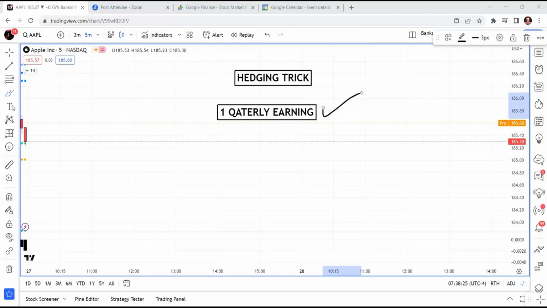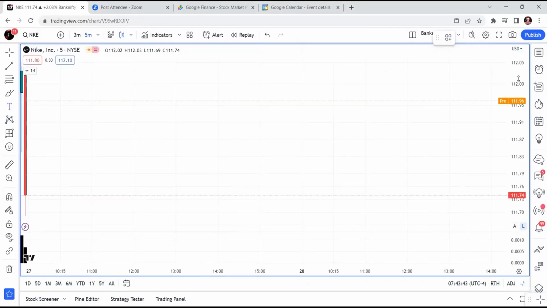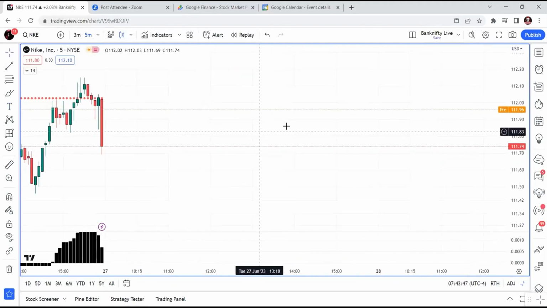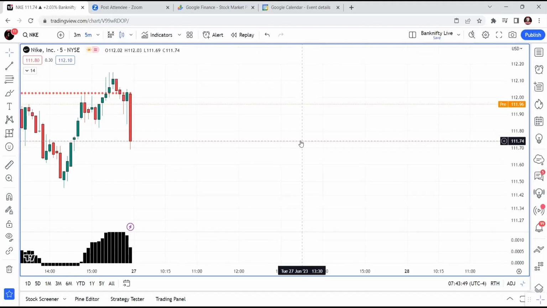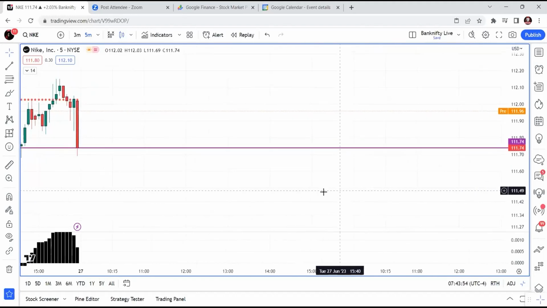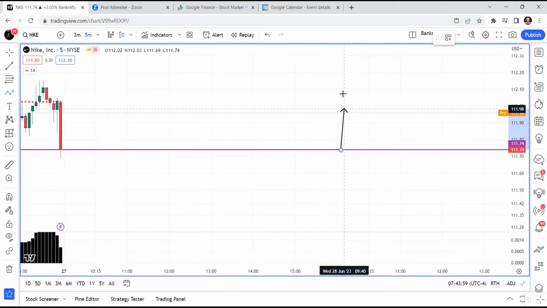So once you get that strike price, like Nike, right now we'll just watch out where is Nike. So you can just see over here, Nike is around 111.75. So the current price of Nike right now is 111.74. Okay. What you will look at is, you have to check the call side, and you have to check the put side.